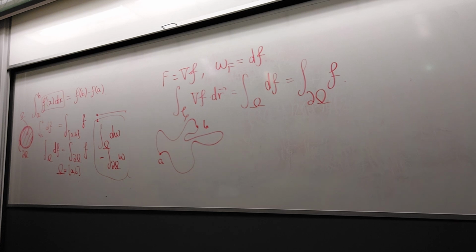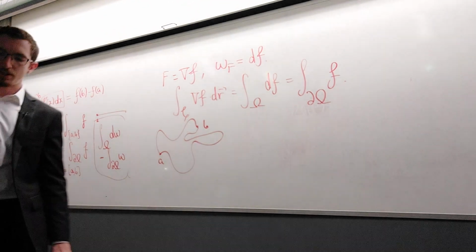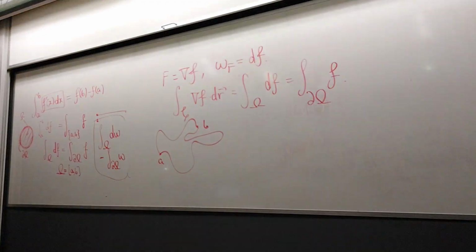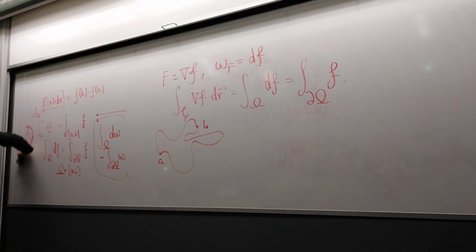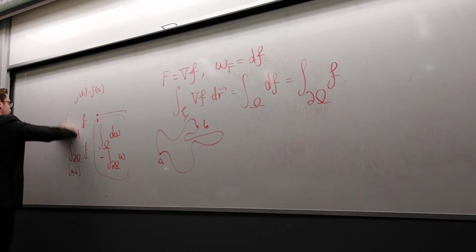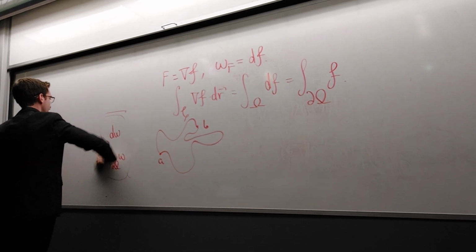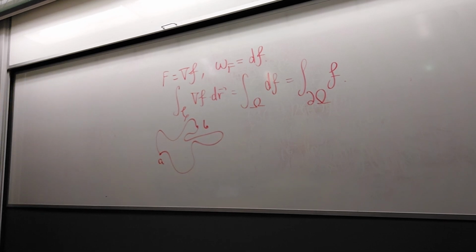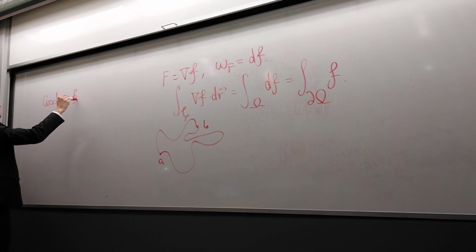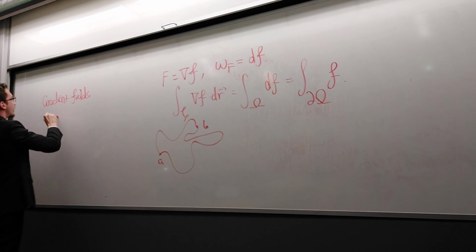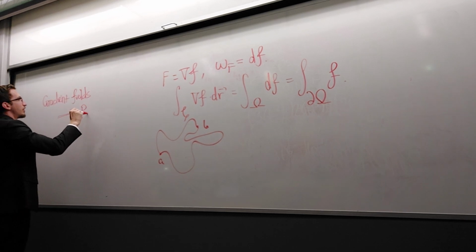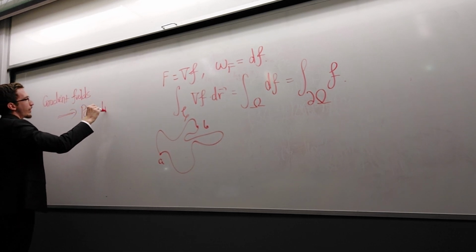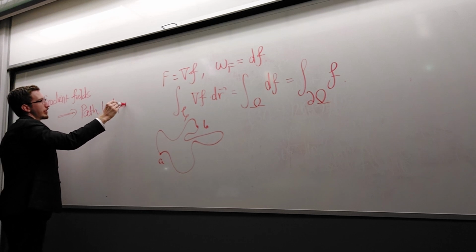So what we're seeing is that gradient fields imply path independence.